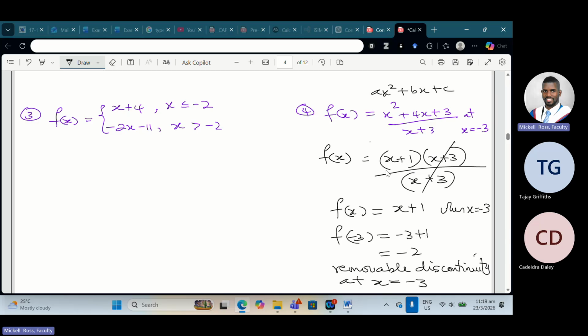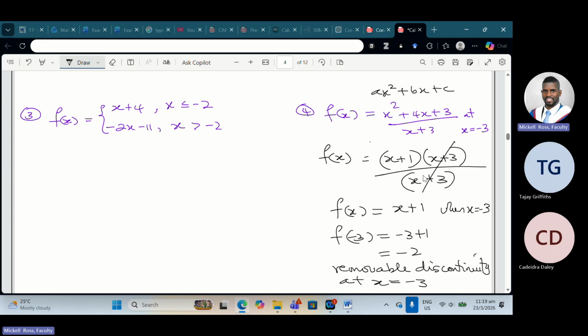Remember, how do we know that it's removable? Because if we do direct substitution and put x as negative 3, we get 0 in the denominator. That means it's undefined, because you're dividing by 0. If it is undefined, then you have an infinite discontinuity once you have 0 in the denominator, but the function is such that you can factorize and cancel.